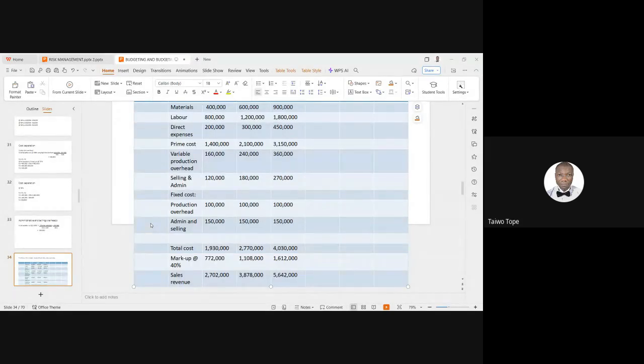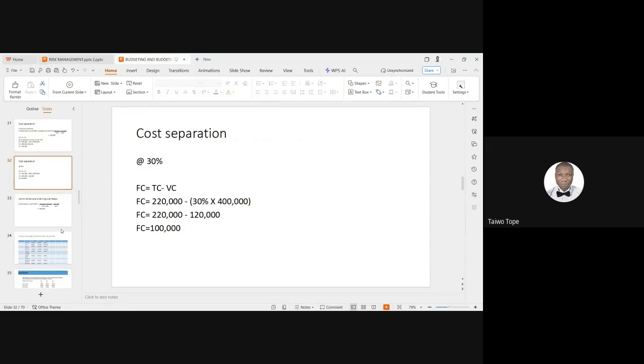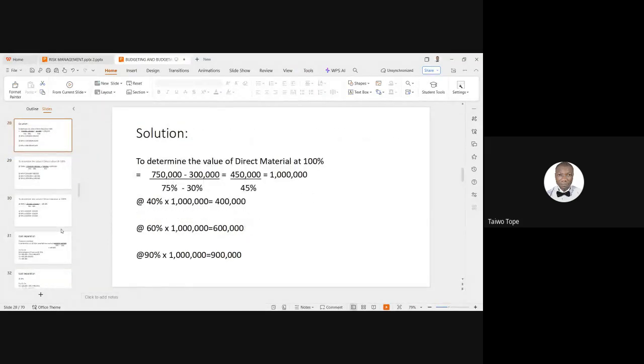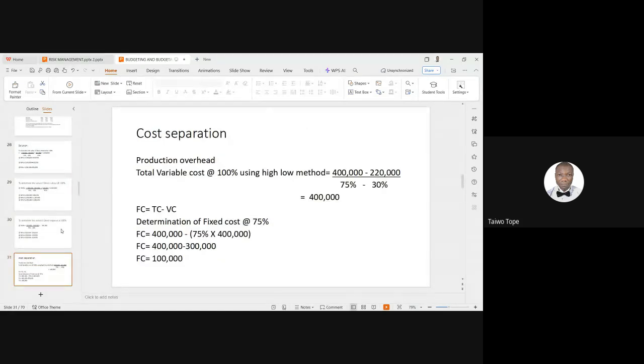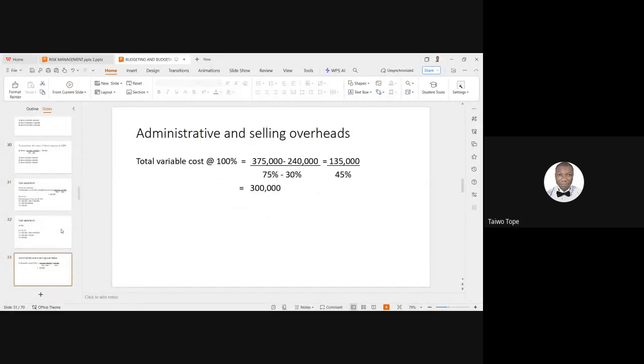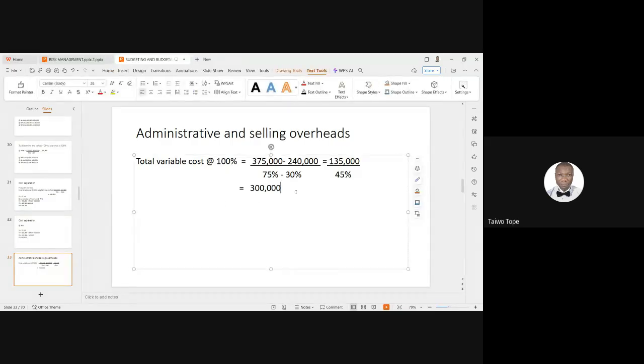The total admin overhead cost at 40% is 120 plus 150. Based on our computation at this point, you people that solved it gave me the figure of 150. So this is your total variable cost.